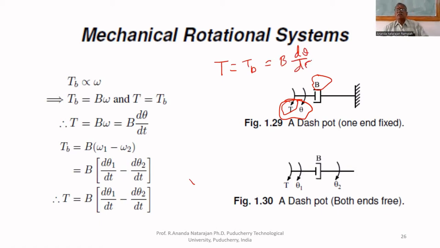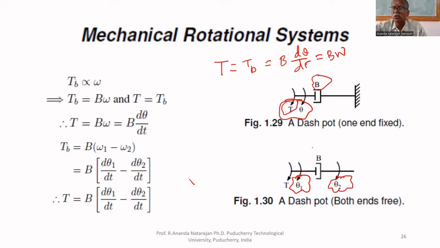That's all. But d theta by dt is the angular velocity omega. That's why we can write B omega also.